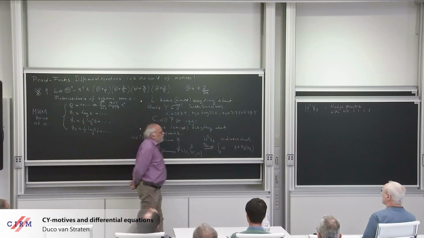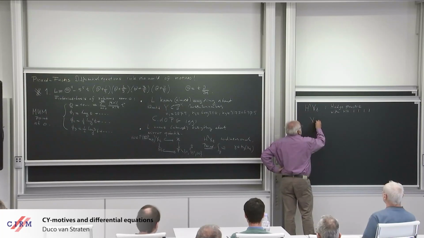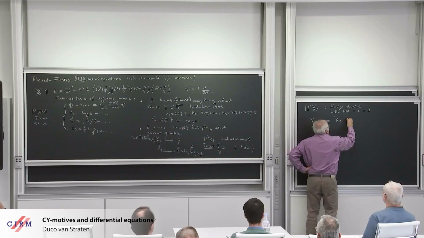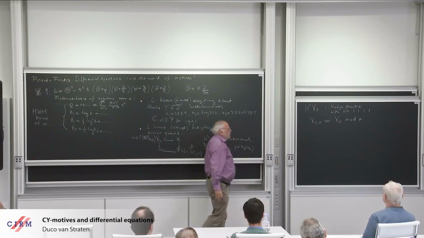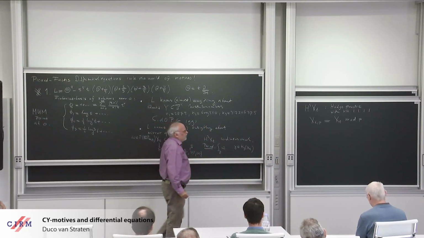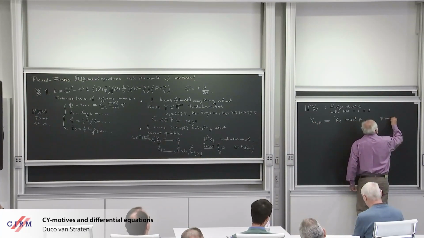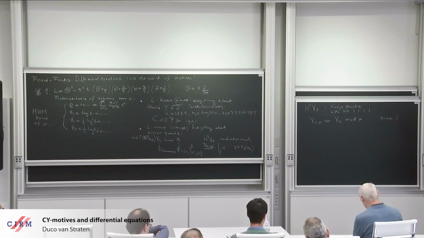And you can also look at X_t mod p. So we take the equations of the quintic mirror and reduce mod a prime number p. For many things, for all things I will explain today, there will always be exceptional primes which we have to exclude.